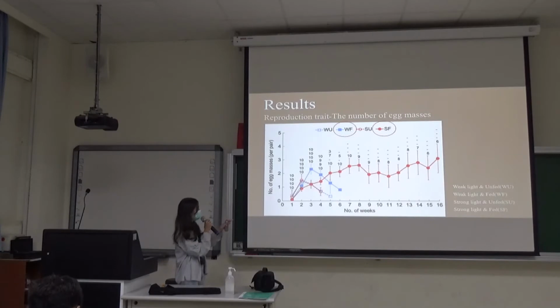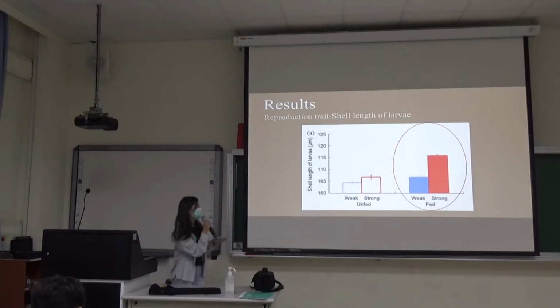But there is a strange phenomenon: the blue line at 1 to 3 weeks is higher than the red one. I'll talk about that in the discussion. Then we look at WU and SU. We can see these two lines are lower than the other two.